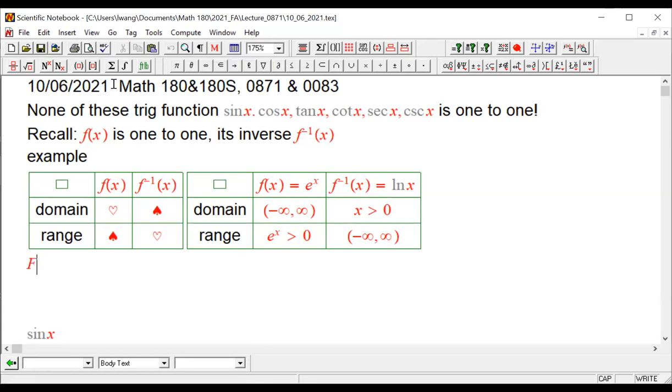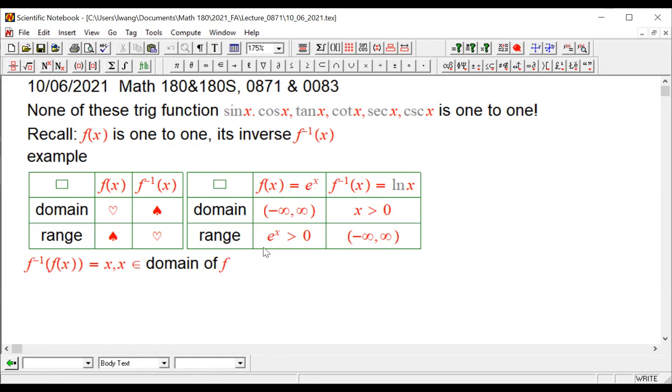I hope you haven't forgotten. f inverse of f of x is equal to x, provided x is in the domain of f, because f is the first one that works on x.